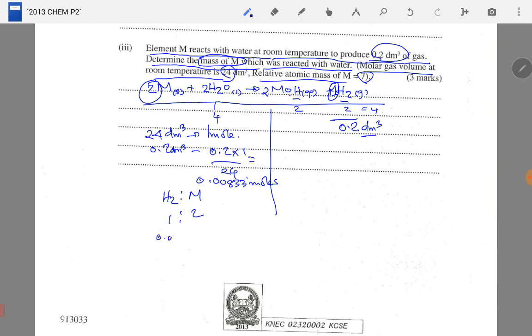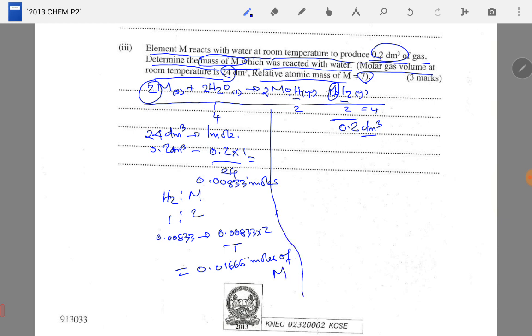So if you have 0.00833, then you can calculate 0.00833 times 2 all over 1, and the answer is 0.01666 recurring moles of M.